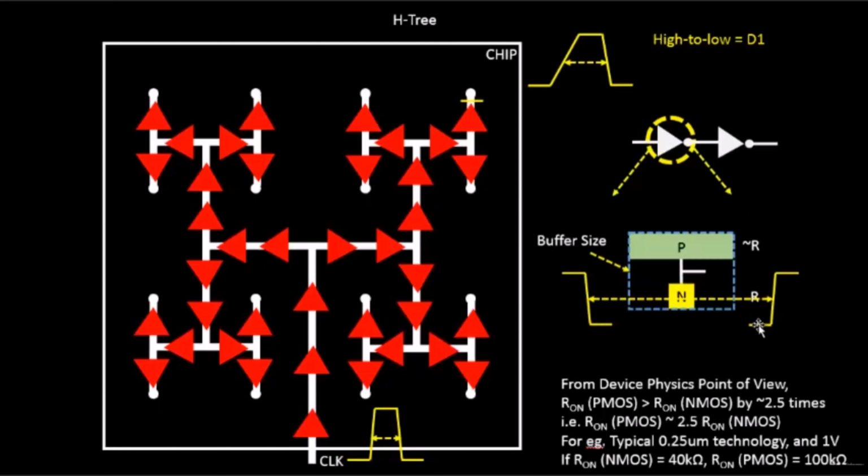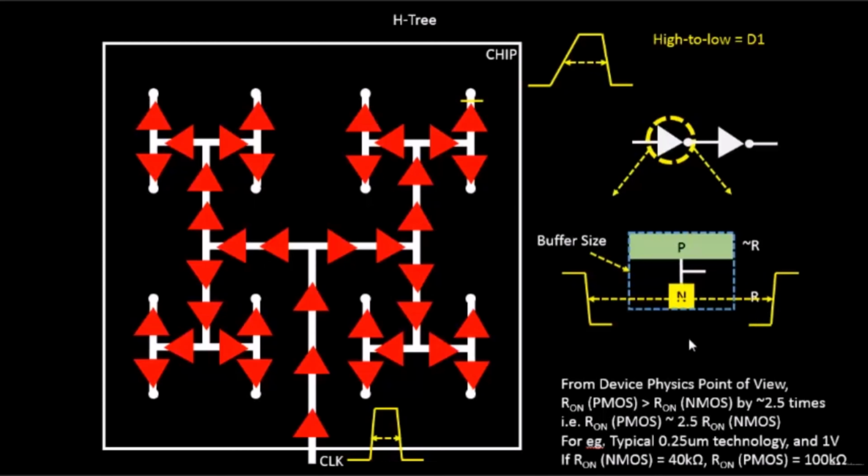So the fall to rise transition time is now exactly equal to the rise to fall transition time, and the reason for this is that now the charging current will flow through the PMOS, but the PMOS is bigger in size, which means it has a low resistance, which means the resistance is very similar to the one which we had for the NMOS. So in this case, the rise time will be faster, the output will get charged faster, and you see this kind of fall to rise transition time.